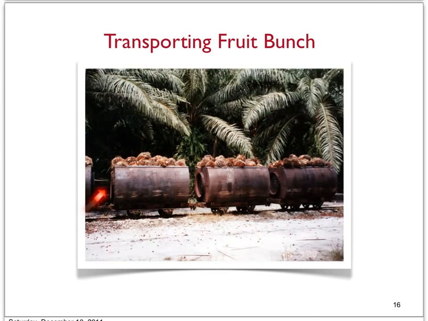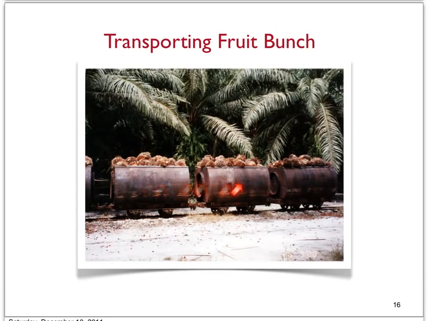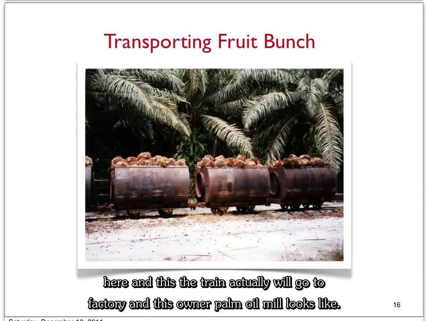If you live near the plantation, you can sometimes see the fruits being transported by a train, and this train will go to the factory.